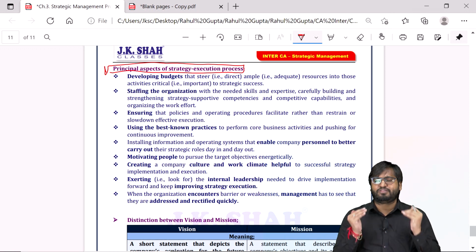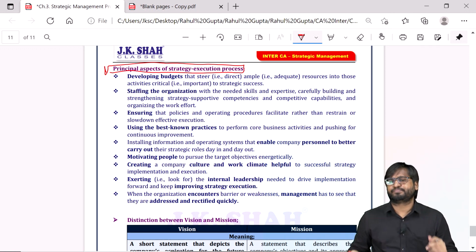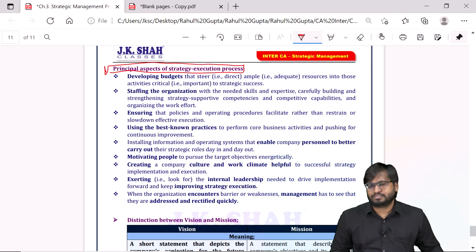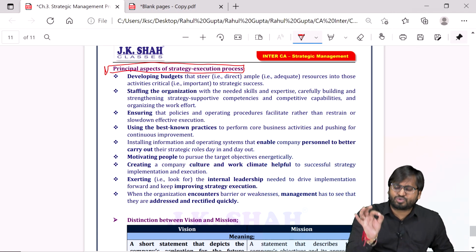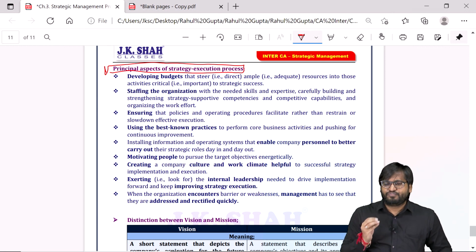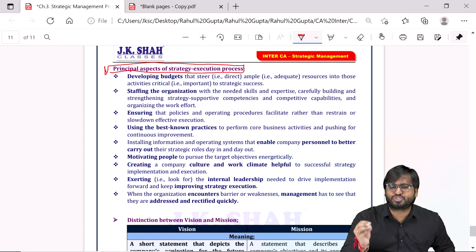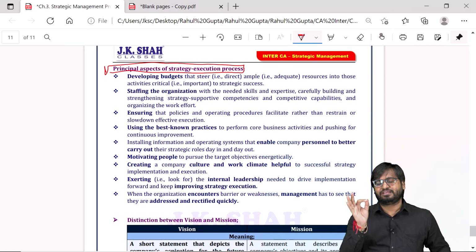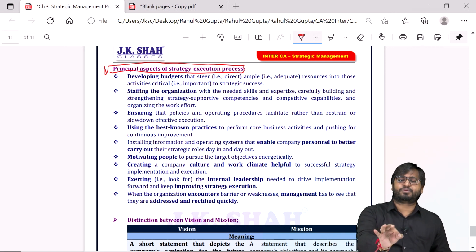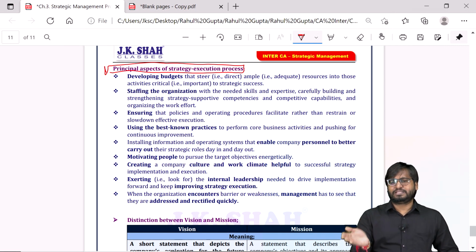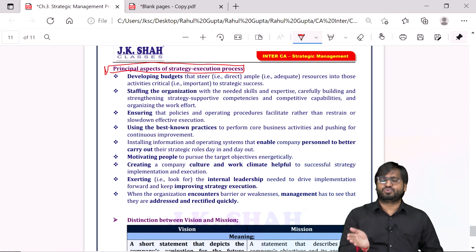Everyone is responsible for the task that they do. And last but not the least, if anything goes wrong, if there is any problem in execution, we should always take the help of the management so that they can resolve the problem quickly. They can get the solution of the problem quickly. So this is your principal aspects of the strategy execution process.